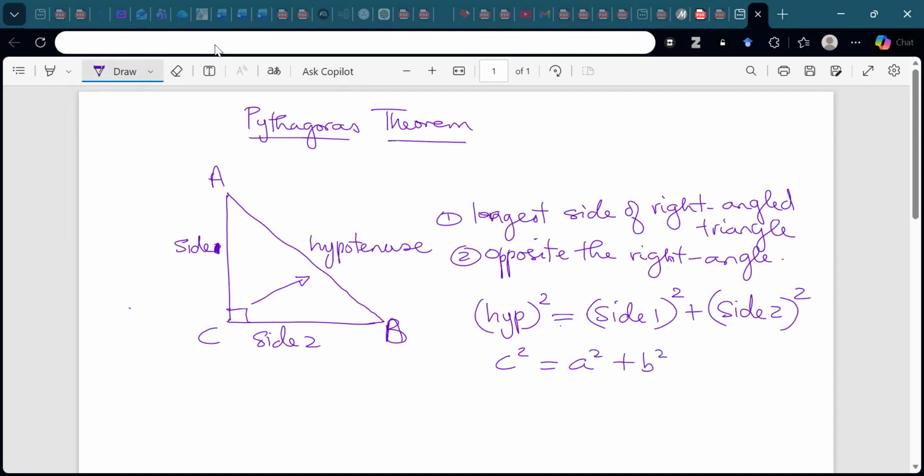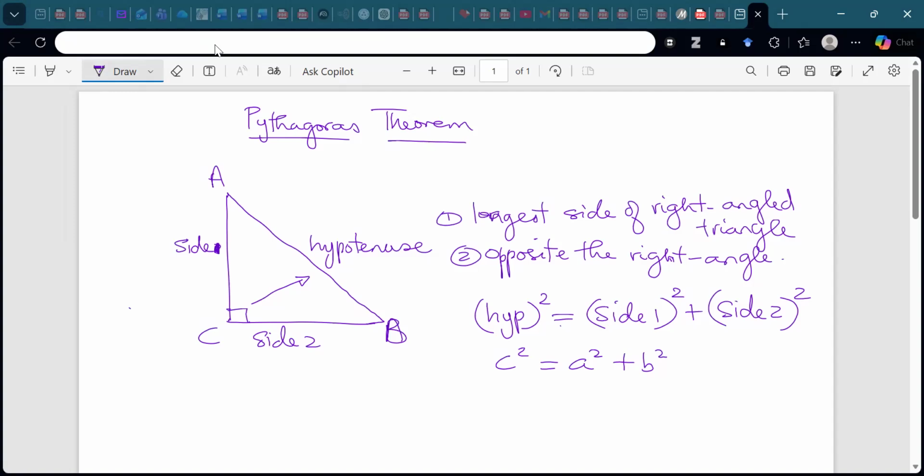And one of the things that we want to be conscious about is that the theorem is not letter specific. Yes? The theorem is based on how it is written. So if the letters were changed to P, Q, and R, it is a matter of which shape it is dealing with and how it is written.